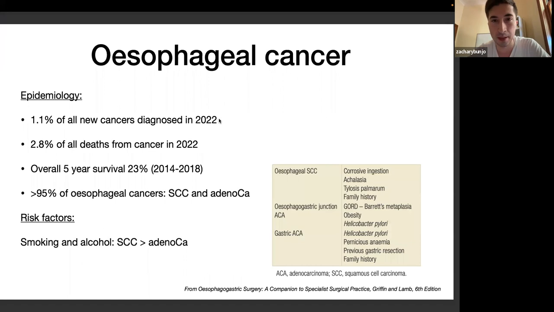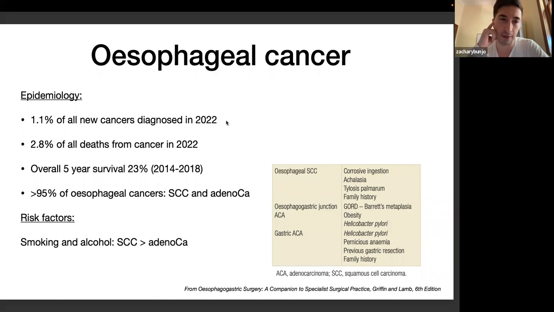In terms of the cancers, so esophageal cancer and gastric cancer, a lot of what I say for the esophagus will overlap with the stomach, particularly when it comes to diagnosis and staging, and the general principles of management. So it's fairly straightforward in that sense.